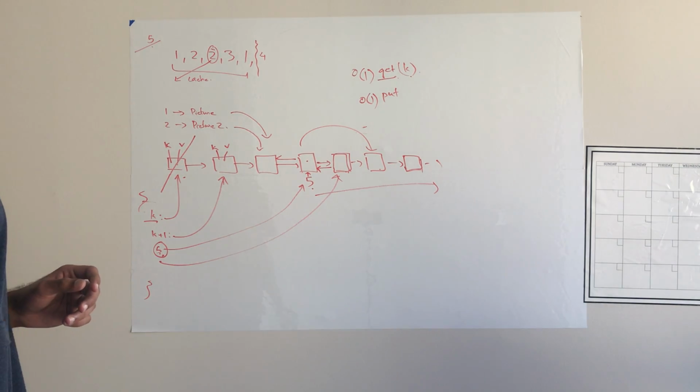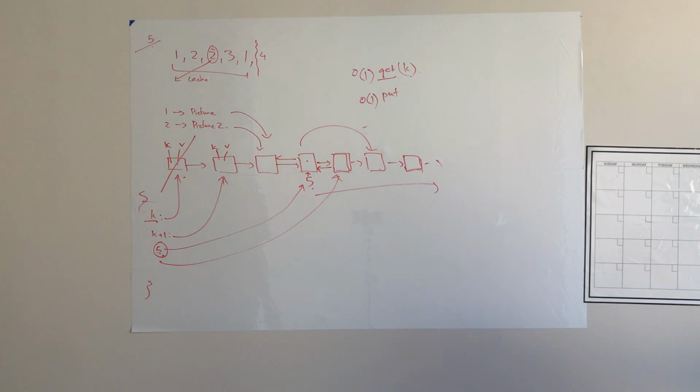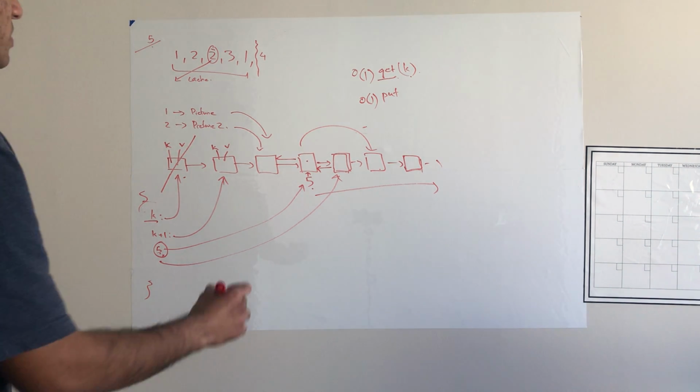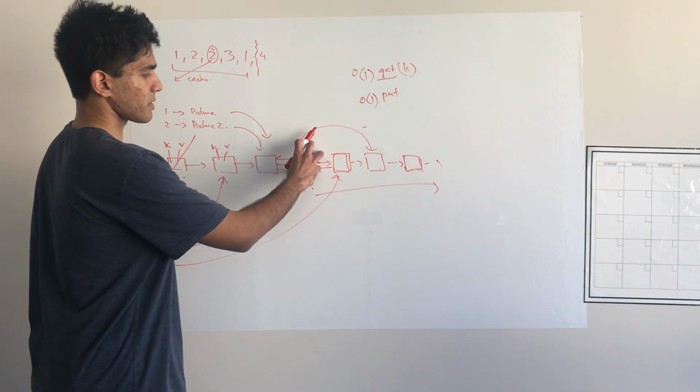Why does it have to be a doubly linked list? It gives us the ability to remove an item in O(1).